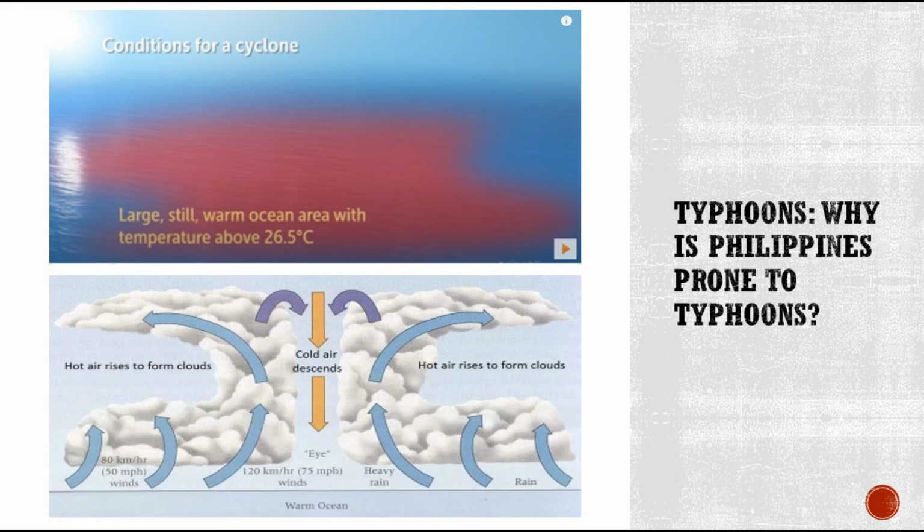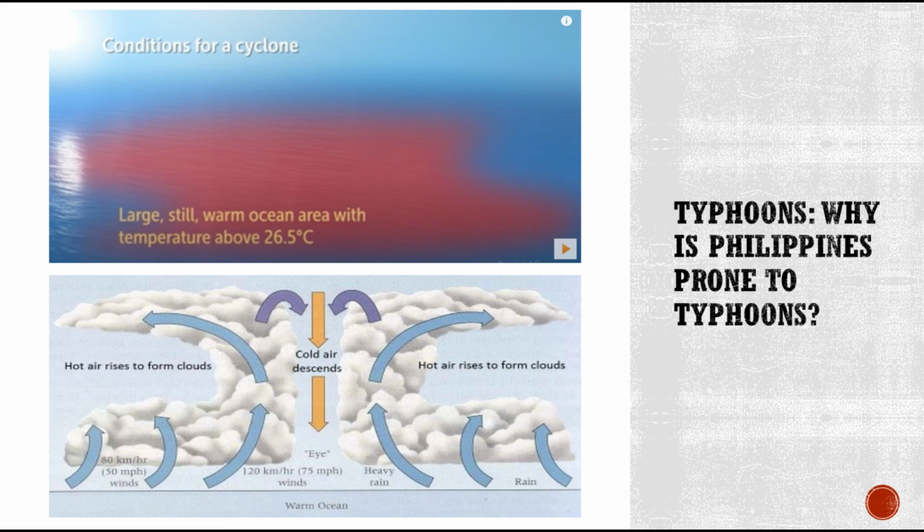If you can remember the process of convection, where the warm water rises and the cold air sinks, this creates pressure which causes the winds to move very quickly. The winds rotate or spin around a center called an eye. The more warm air and moisture there is, the more intense the winds.